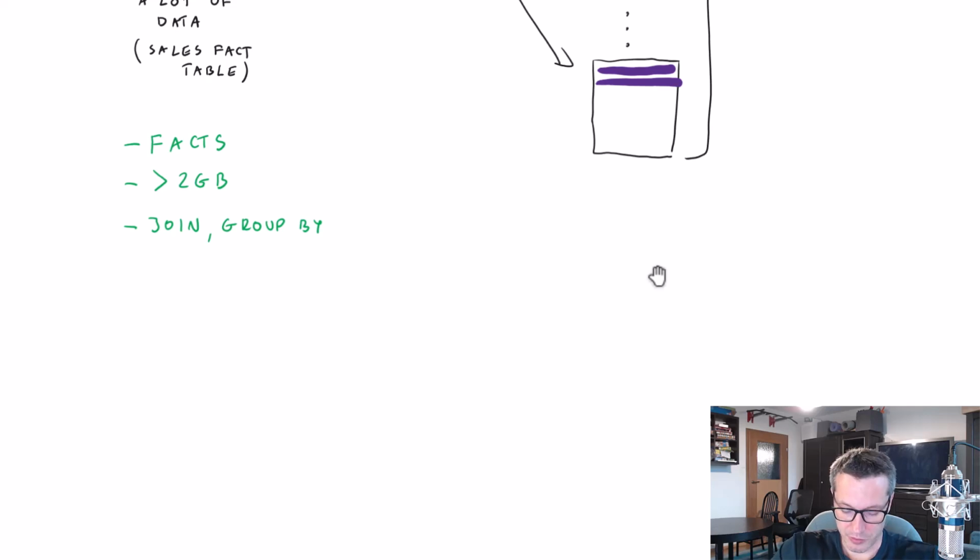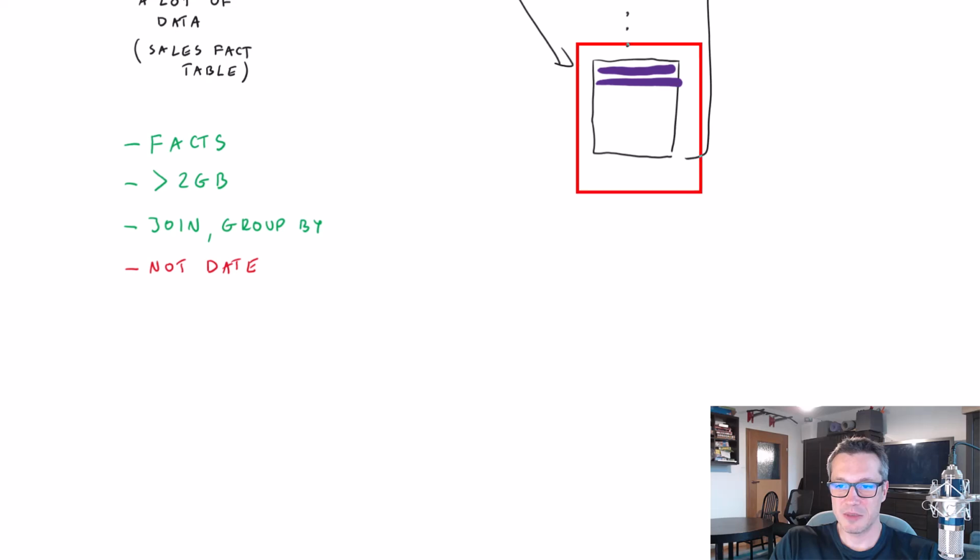Alright, great. So are there any guidelines about which columns you should not use as this hashing function? And yes, the documentation says don't use a date column like sale date. Why? Because you might end up with data from the same period located on the same distribution.